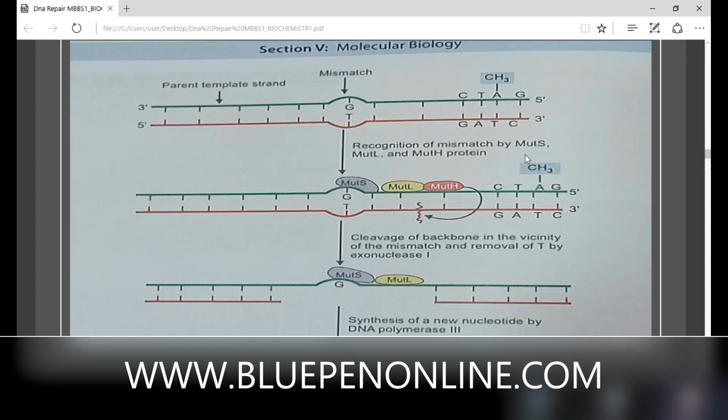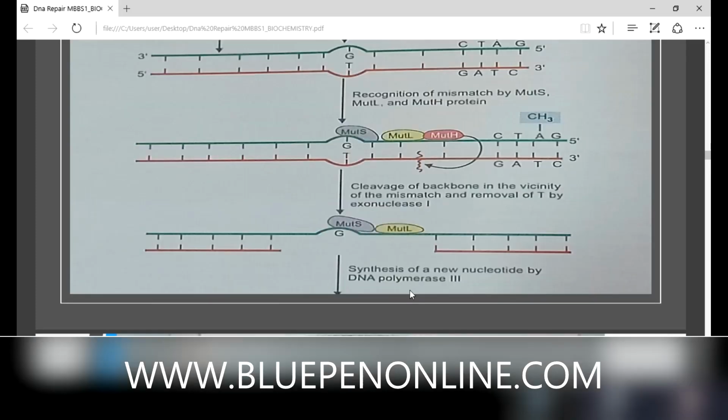Recognition of mismatch by MutS, MutL, and MutH. It is MutL, not MutC. Once again, I repeat, MutL, MutH. Then the cleavage of backbone in the vicinity of mismatch and removal by exonuclease 1. Synthesis of new nucleotide by DNA polymerase 3.